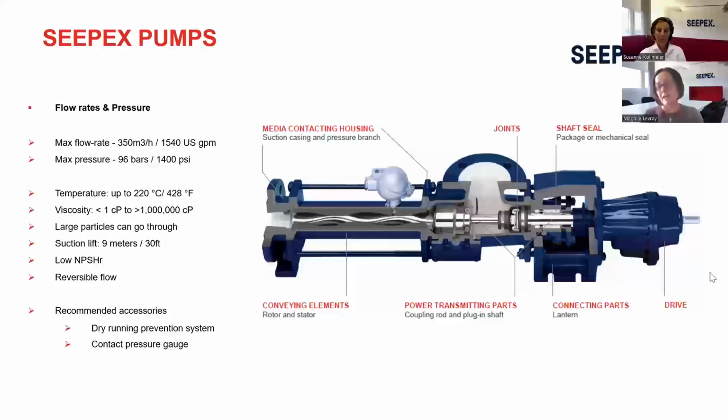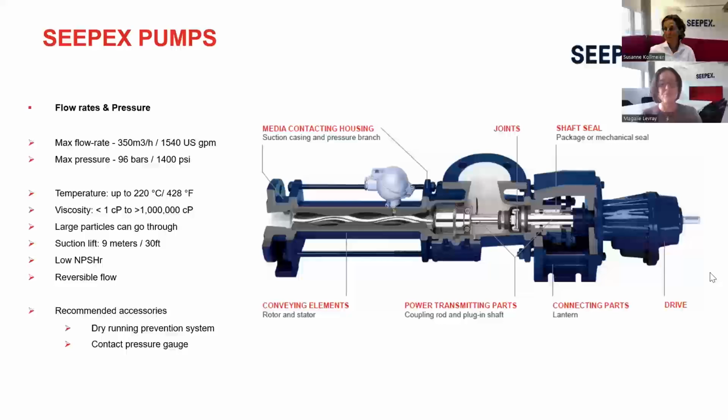So our maximum flow rate with our biggest pump is 350 cubic meter per hour, which is 1,540 US GPM. Our maximum pressure is 96 bars, 1,400 PSI. So with this pressure, we really cover most of the applications we're going to meet in the mining industry. But our real limitation is really the flow rate.